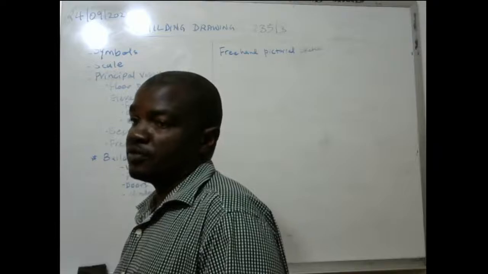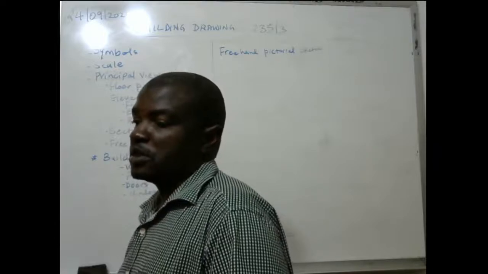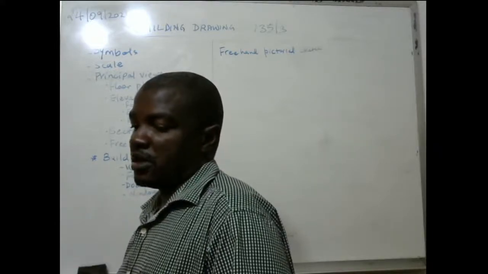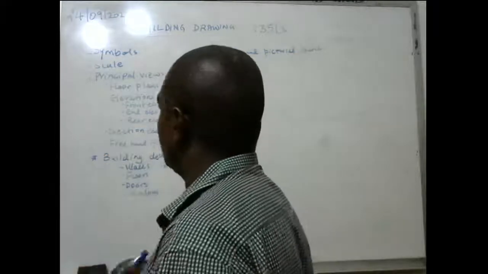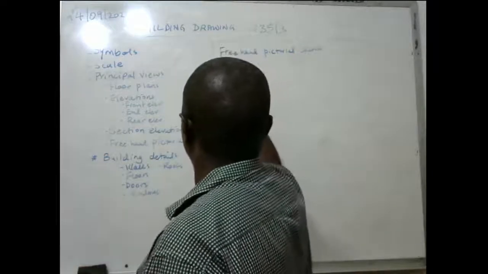When we are drawing the freehand pictorial sketch, of course, we are given the floor plan. And then after being given the floor plan, we are also given the specifications.